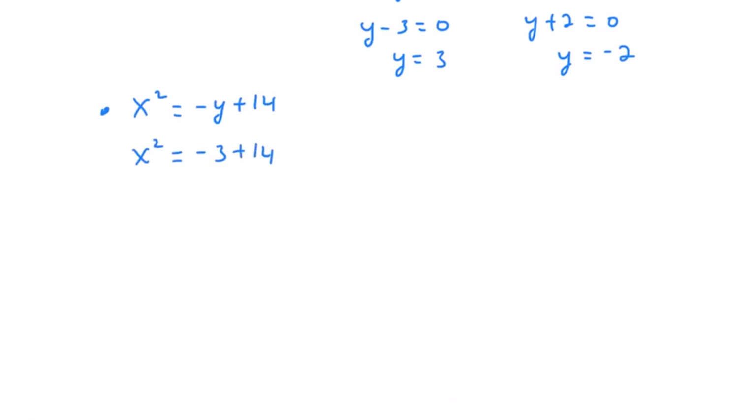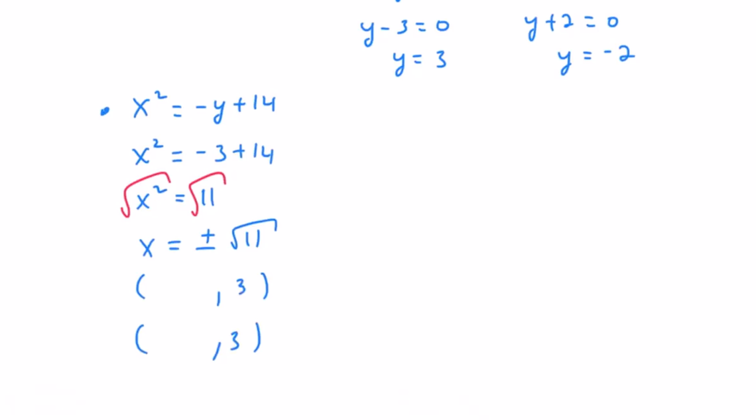This is equal to x squared. So x squared is equal to 11. Take the square root on both sides. So x is equal to plus minus square root of 11. So there are two answers here. The y value is 3. The x value, one of them is the square root of 11. The other one is negative square root of 11.